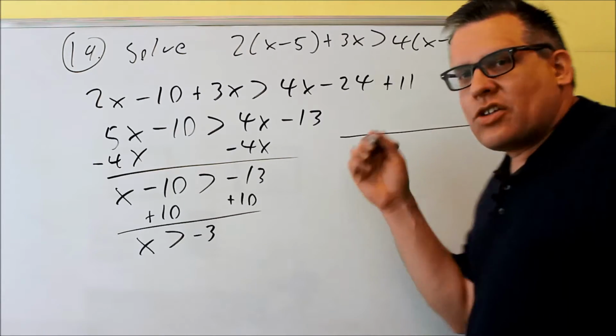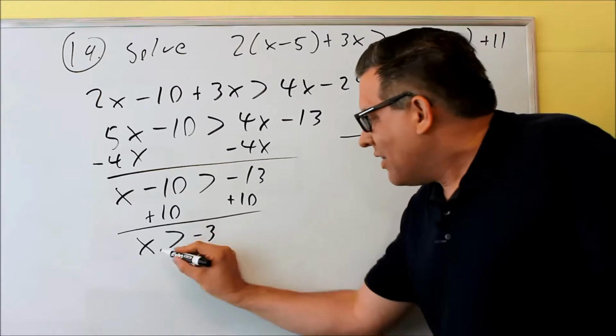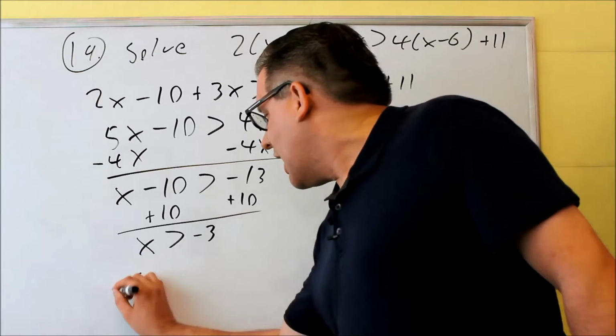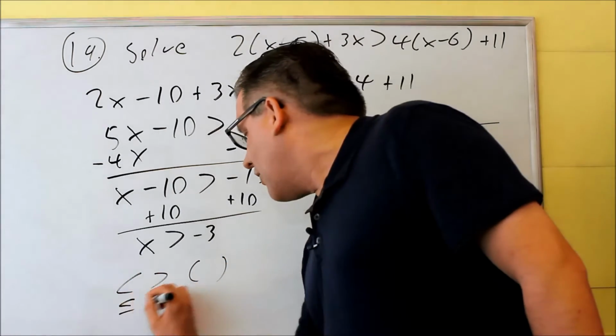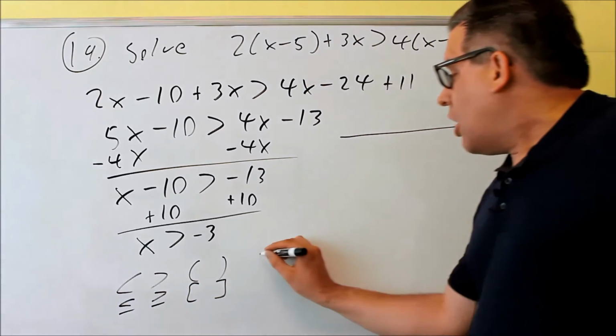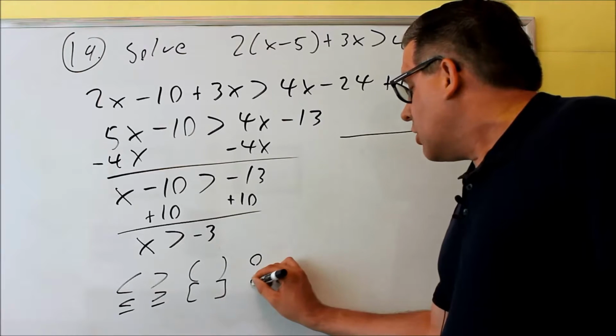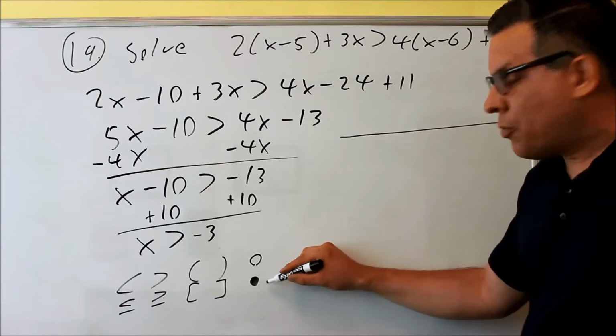Since I did the parenthesis notation, the way it works is if I have these two symbols, I'm using parentheses. If I have these right here, then I'm using brackets. Or if you're using the notation that the online homework uses, they use open and closed circles.